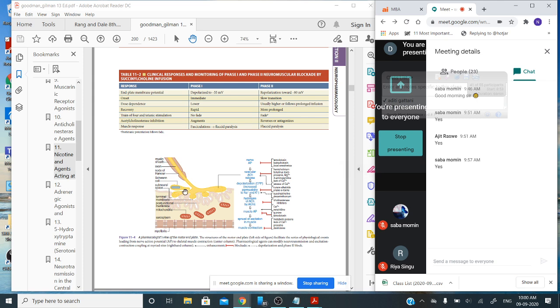This is the node of Ranvier. The Schwann cells are there, and this is the terminal, the axon terminus. This is the subneural space, the space between the terminal and the muscle. From this terminal membrane there are post-junctional membranes. The receptors for skeletal muscle are there. In the muscle there are mitochondria.